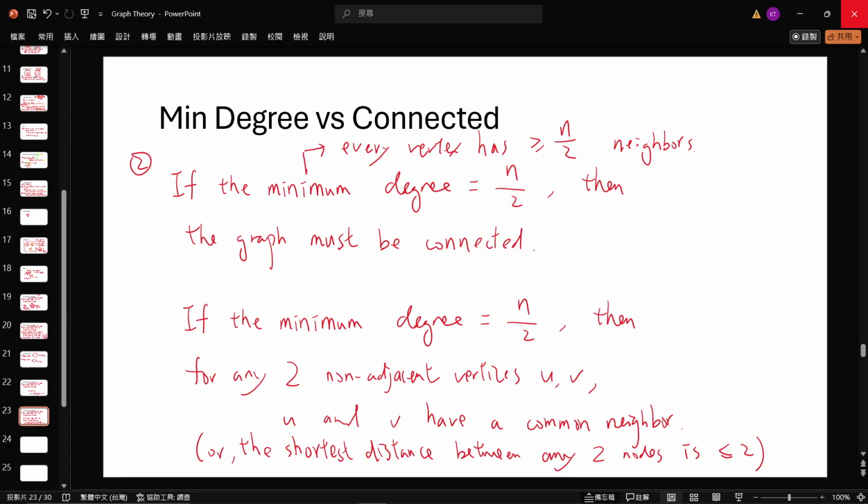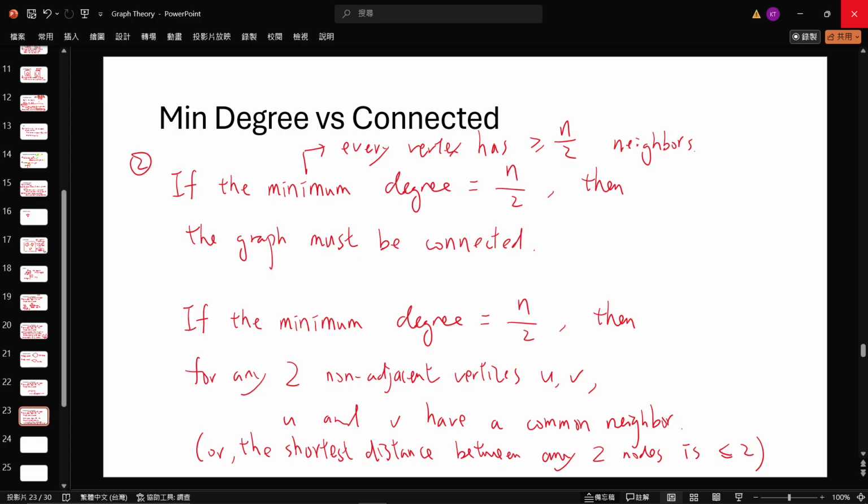So you can think about it like this. If we just know that a graph is connected, the shortest distance can actually be quite long. But once I tell you that the minimum degree is sufficiently high, like n minus 1, then the distance becomes 1. And if the minimum degree is n over 2, then the shortest distance becomes at most 2.